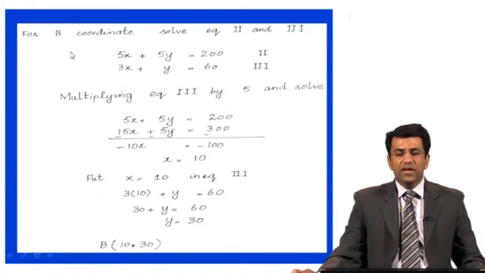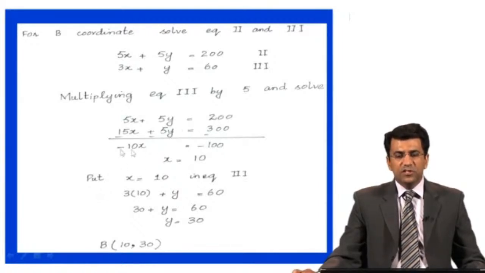So let's solve equations 2 and 3 in order to find the coordinates of B, because B is the intersection of line 2 and 3. This is line 2, this is line 3, and we will multiply equation 3 by 5 in order to equate the coefficients of y.